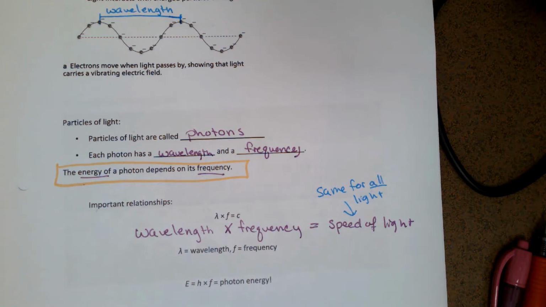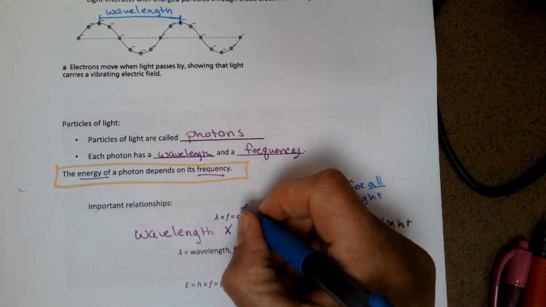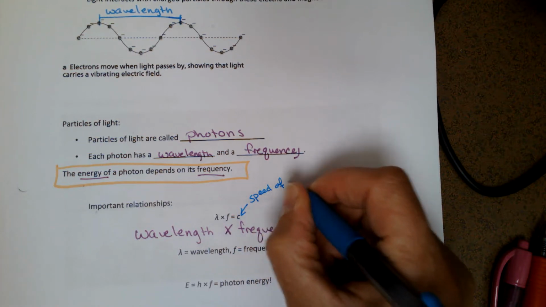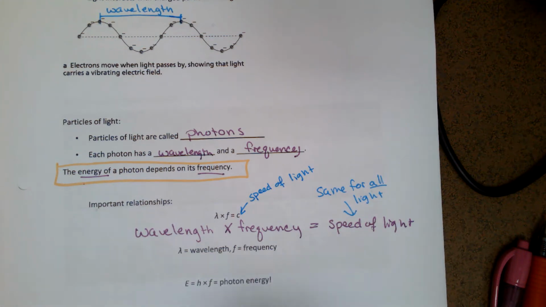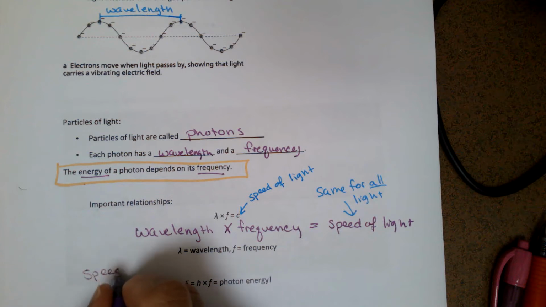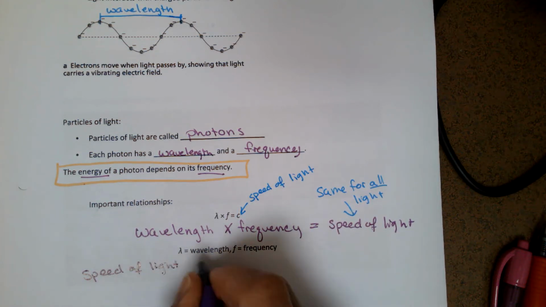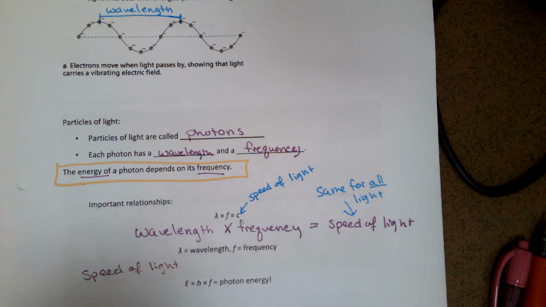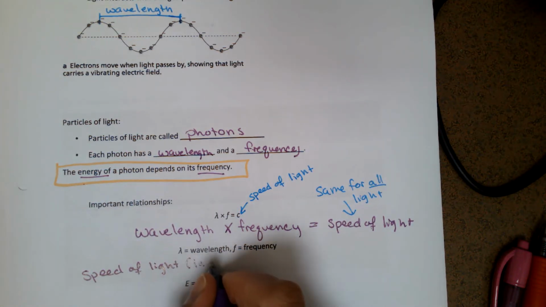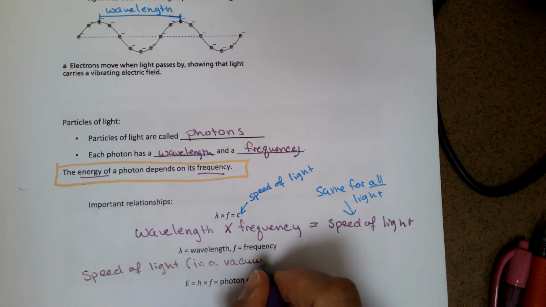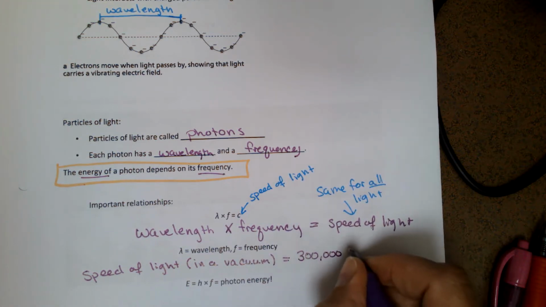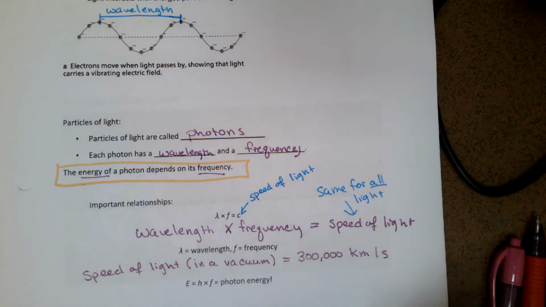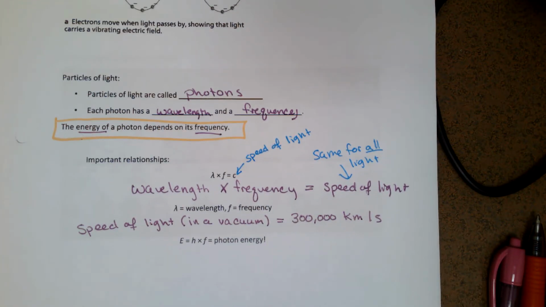And that speed of light, c, in a vacuum, because you can slow down light, is equal to 300,000 kilometers per second, or we could say 300 million meters per second.